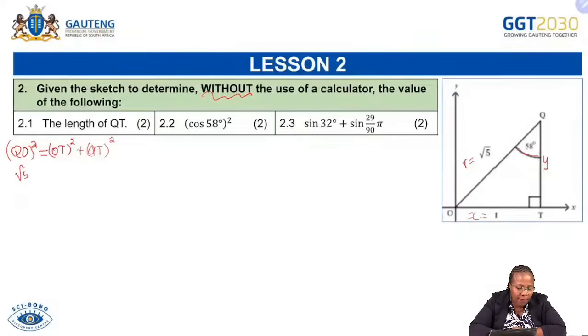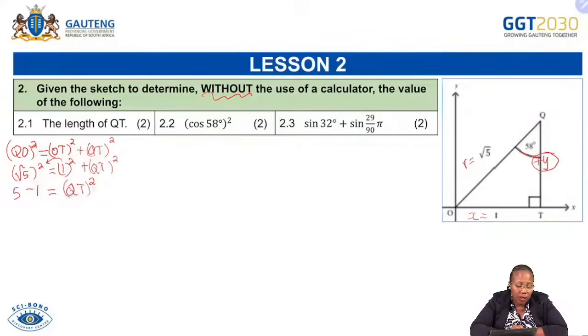Square root of 5 squared equals OT, 1 squared, plus the QT squared. So now square root of 5 squared is 5. 1 squared is 1. When you transpose to the side, it will be minus 1. And then we have our QT squared. And then now we are looking at the y value that is positive, right? Because according to the quadrant, that side must be a positive y value.